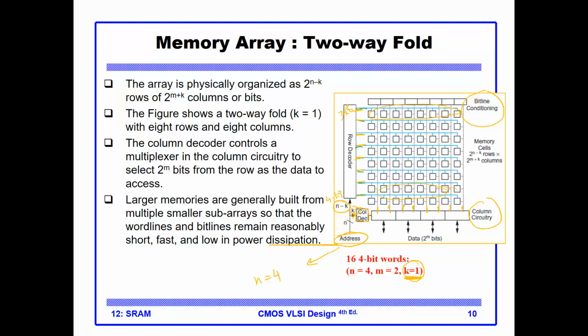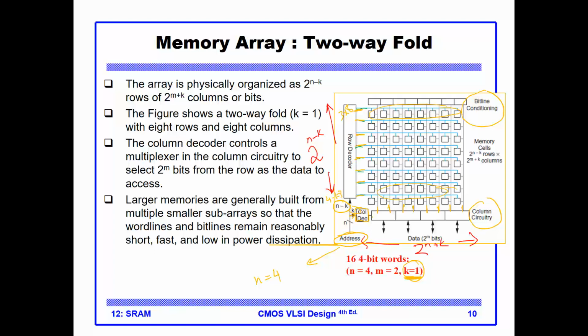Now let's see the size of this array. Supposedly it shouldn't change, but let's double check it. In terms of the height here, the size is 2 to the n minus k. In terms of the width, it is 2 to the m plus k.